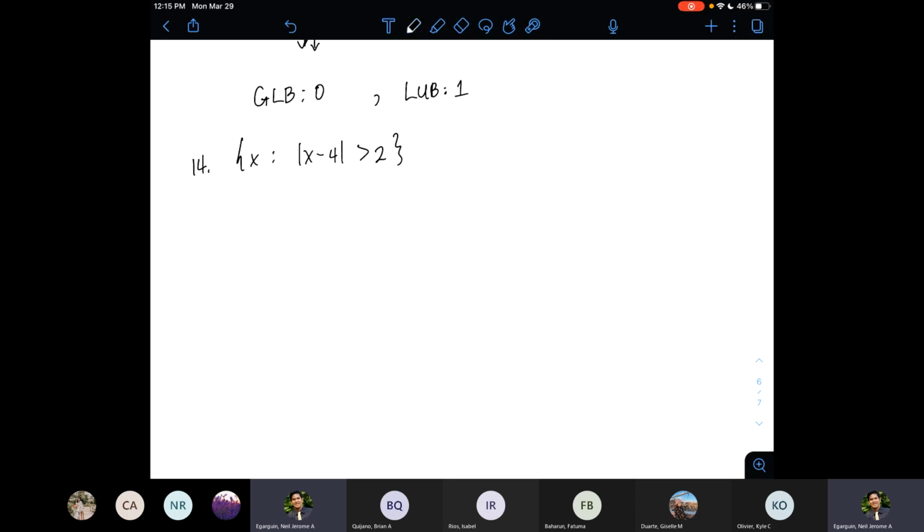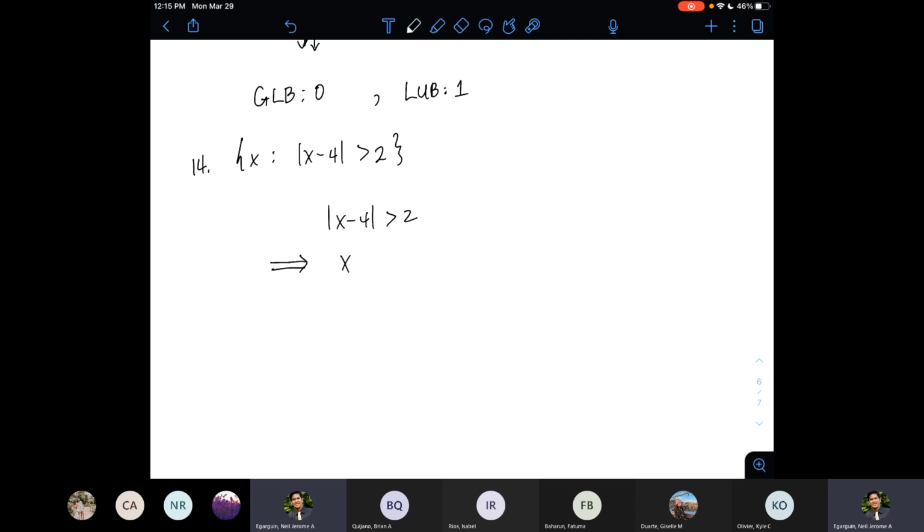Just to remind you that here again, we need some concepts from algebra, right? So we have an absolute value inequality here. In order to get rid of the absolute value, we need to look at what inequality is involved. The inequality involved is greater than, right? So this will be divided into two cases.